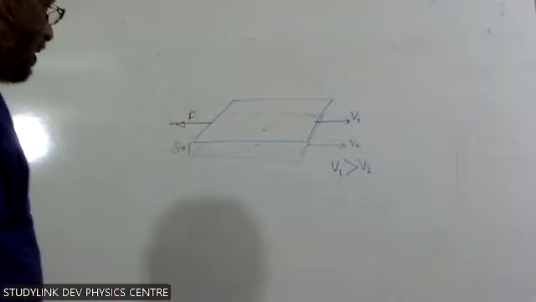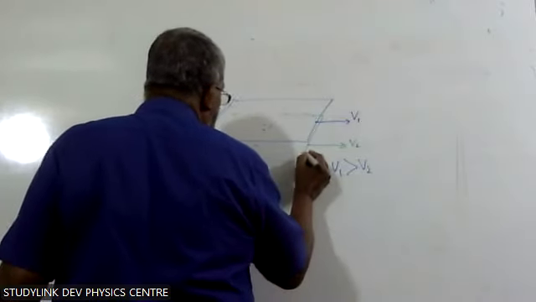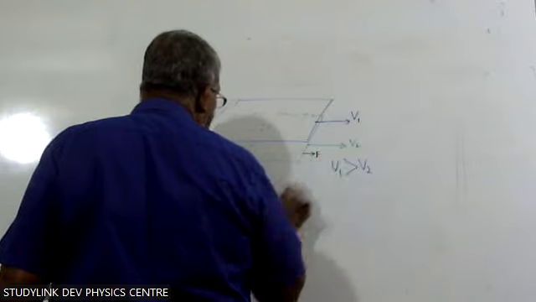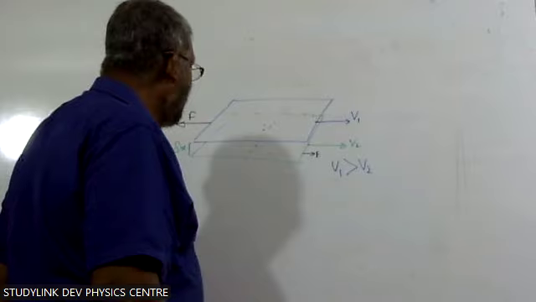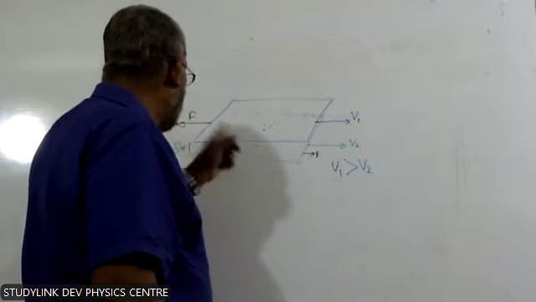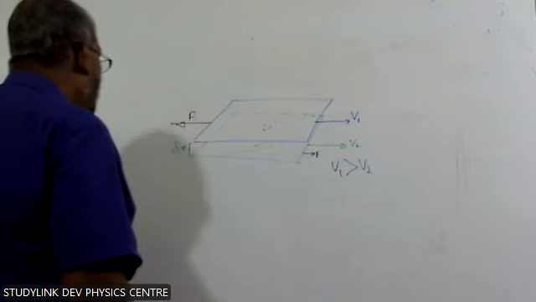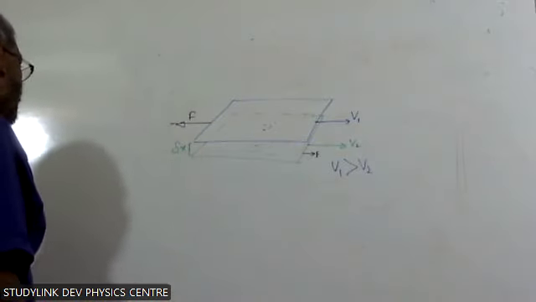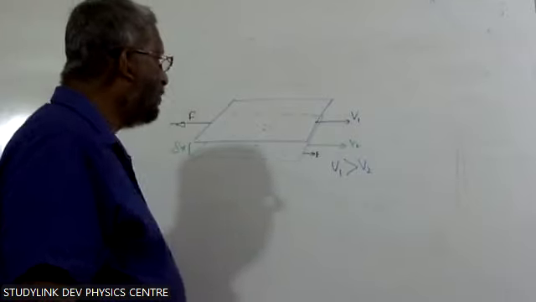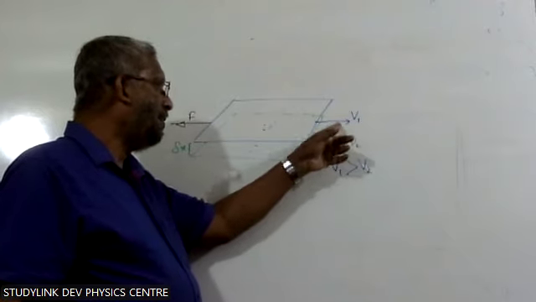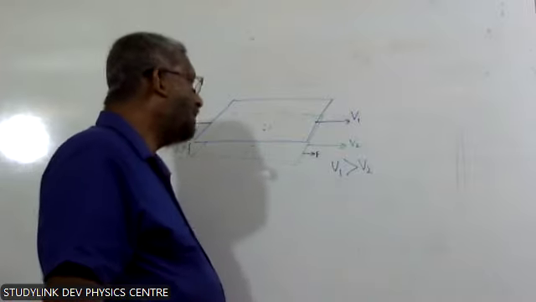Relatively, on the other layer, the viscous force should be in the opposite direction with respect to this, because according to Newton's third law, it always acts against the motion of the layer or lamina which is moving faster or having greater velocity.